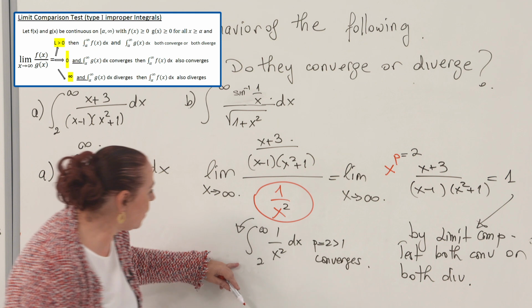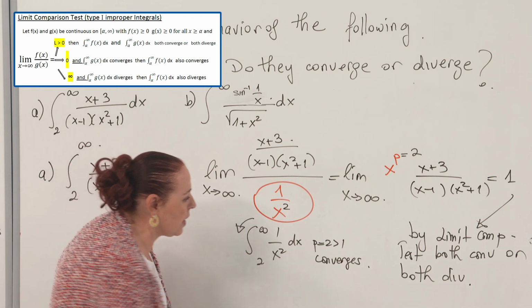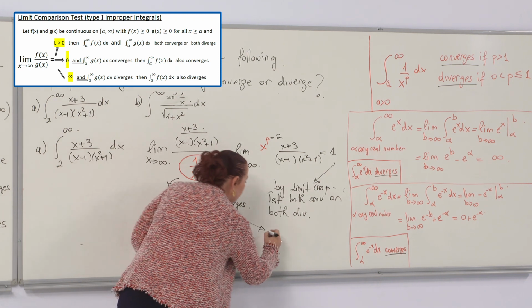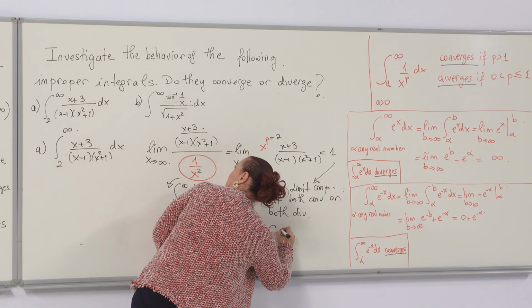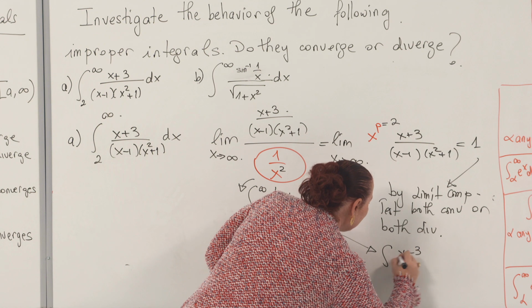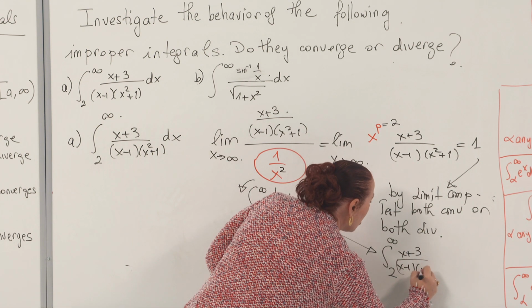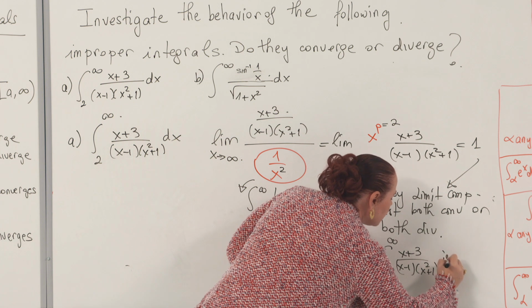What do I have? I have a convergent one. So because the one that I have put in the denominator is convergent, the given improper integral is also convergent.